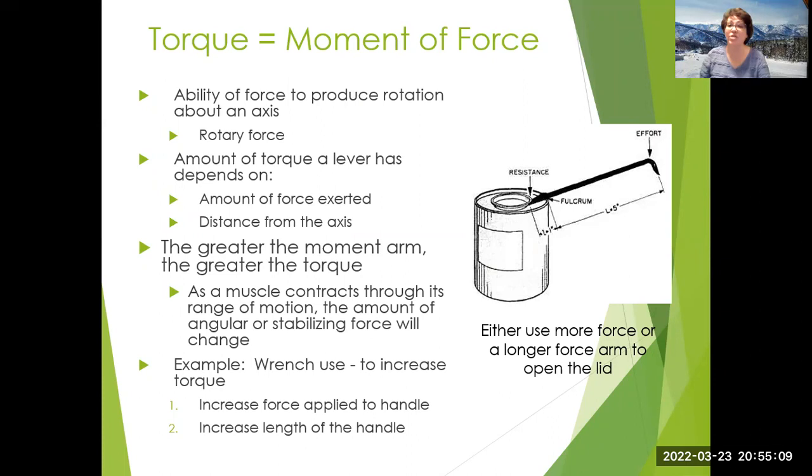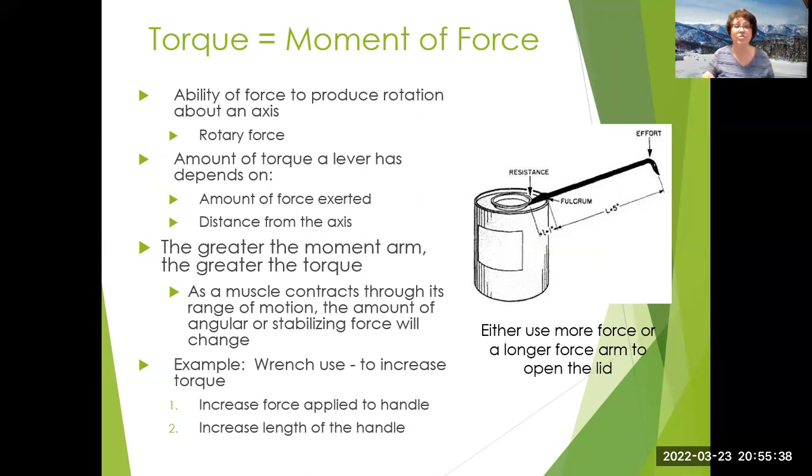So we use a fulcrum, or we use a pry bar to open up a can of paint because we have a longer lever and we can use less effort to produce more force. It was Archimedes that said if you give him something to stand on and a long enough lever, he could move the earth. So he's going to stand on the fulcrum and he has his lever to move the earth. So the greater the moment arm, the greater the torque, the greater the lever.